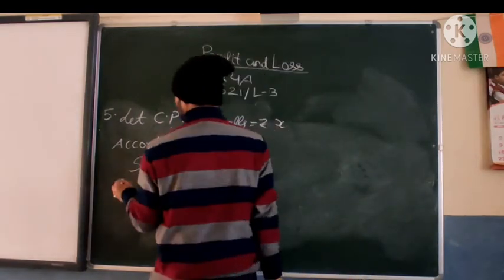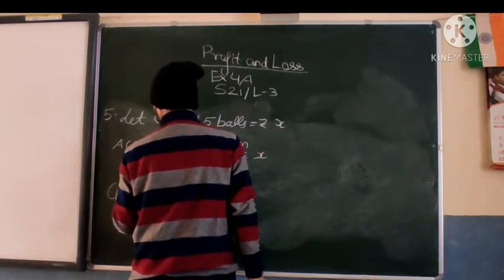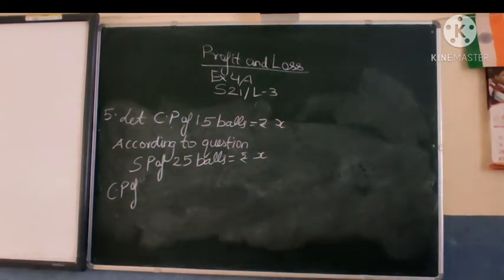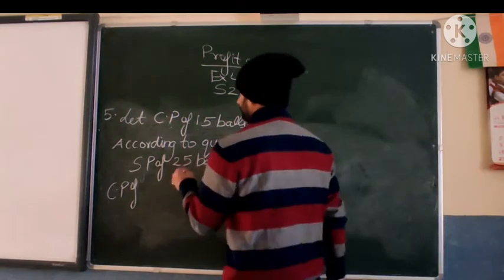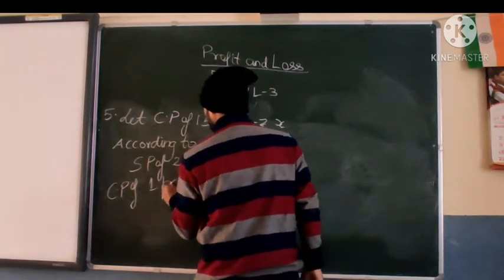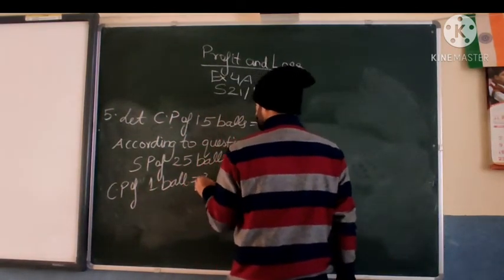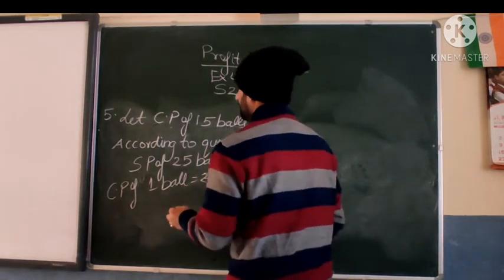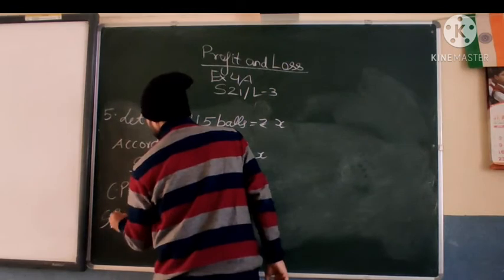So calculate the CP of 1 ball. What are they asking? Profit or loss percent. So the CP of 1 ball is how much? It is x upon 15. Then the SP of 1 ball is what?